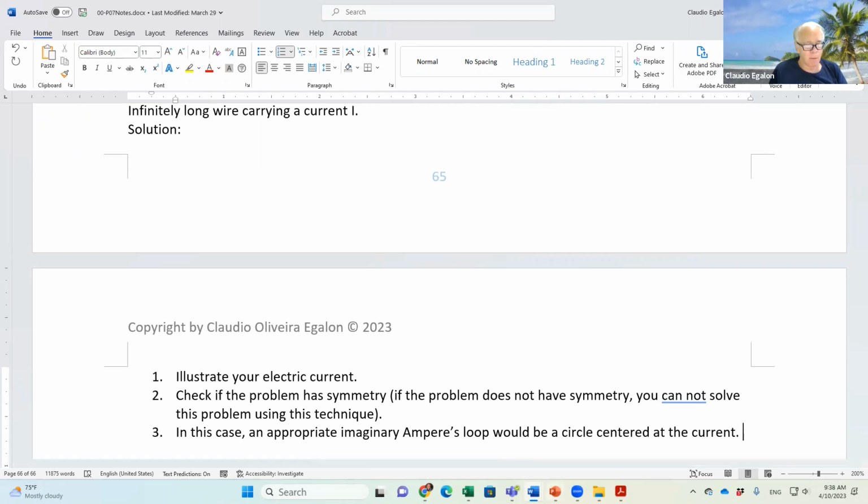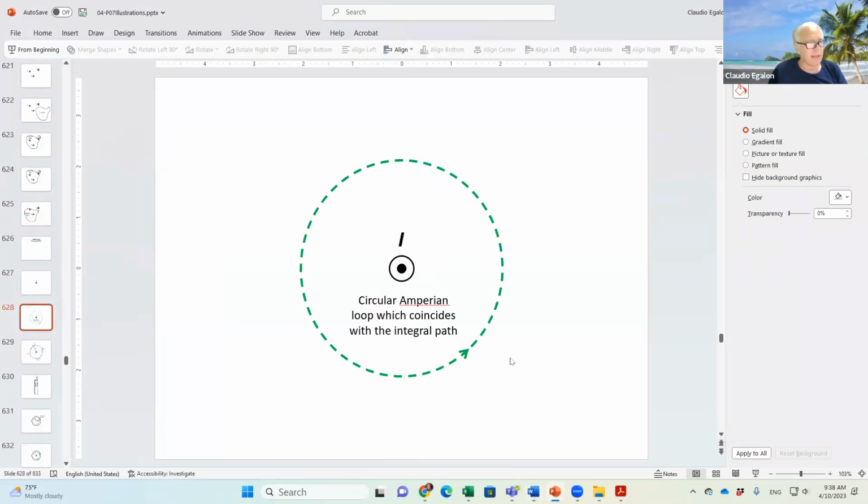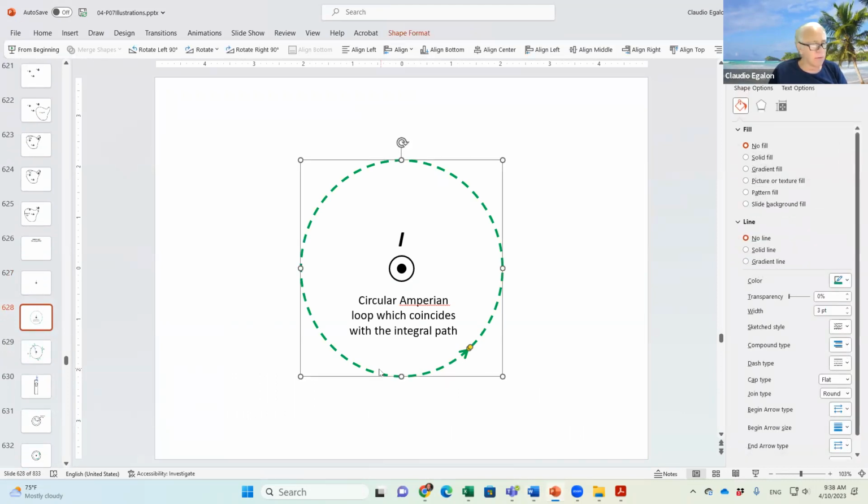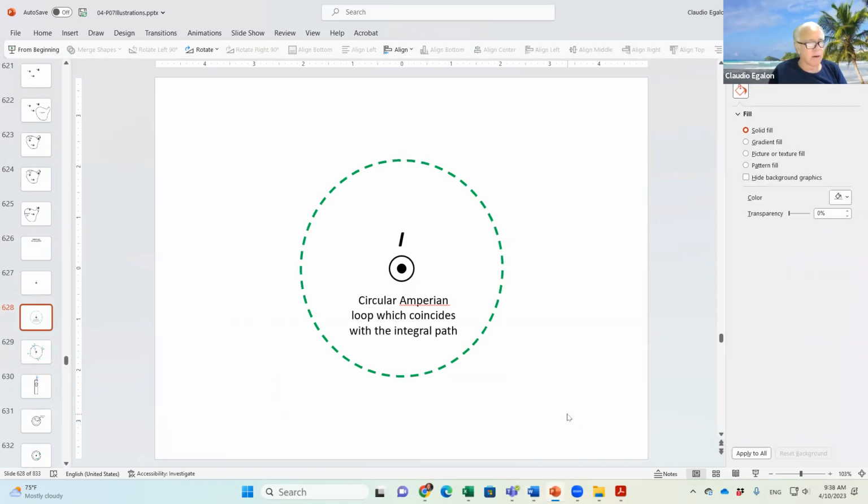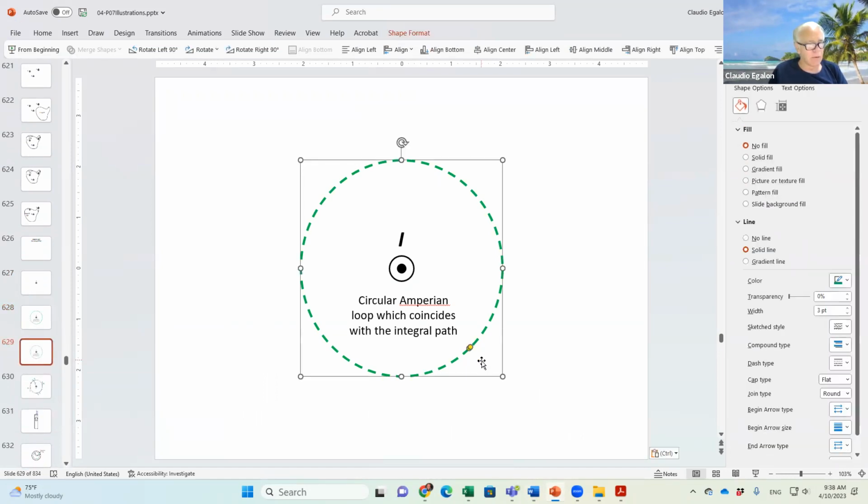So that's what you're going to see in the next slide. Here's my circle. I'm going to leave the direction for the next step.